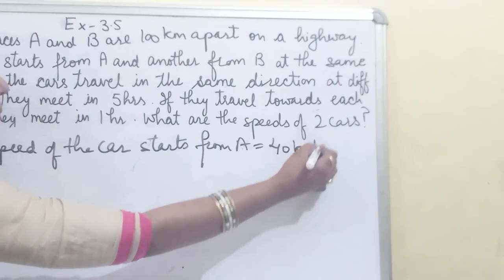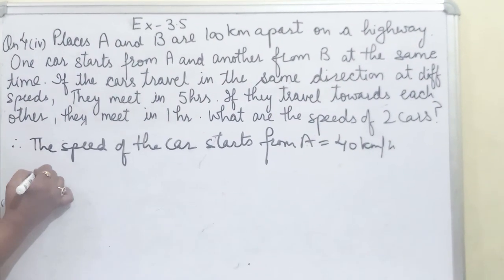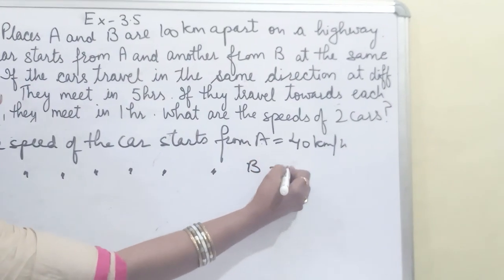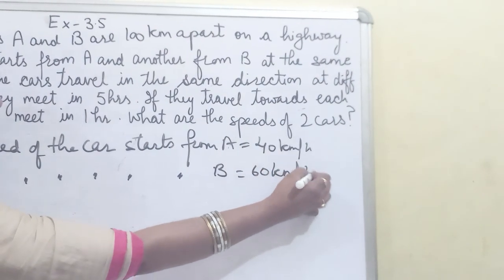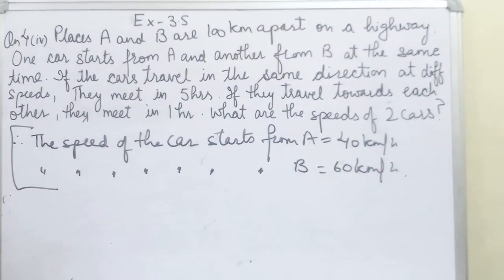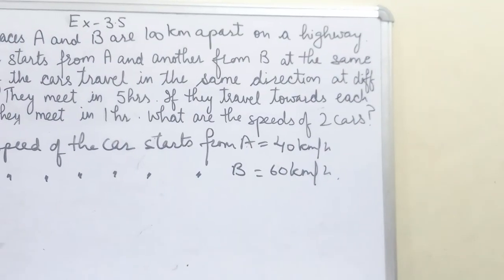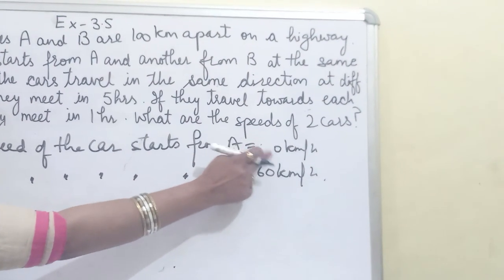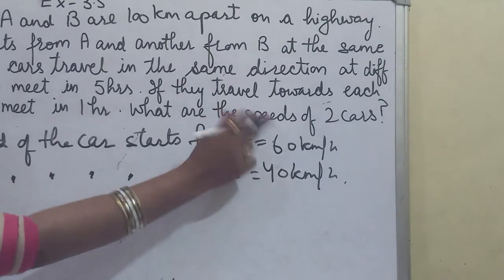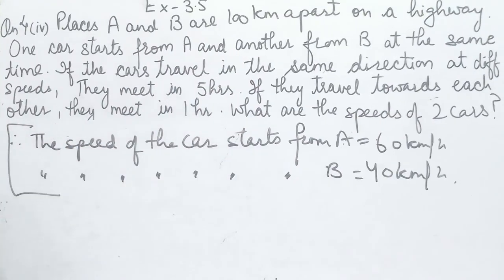Is the value of x 40 or 60? 60 kilometer per hour, and the speed of the car that starts from B is 40. I have to check it. I think the answer for A was 60 and for B it was 40; I wrote it the alternative way, so that was wrong. These are the correct answers: 60 and 40 kilometer per hour.